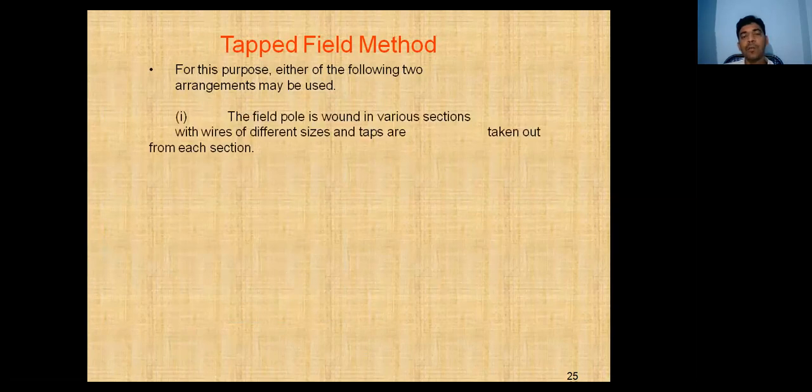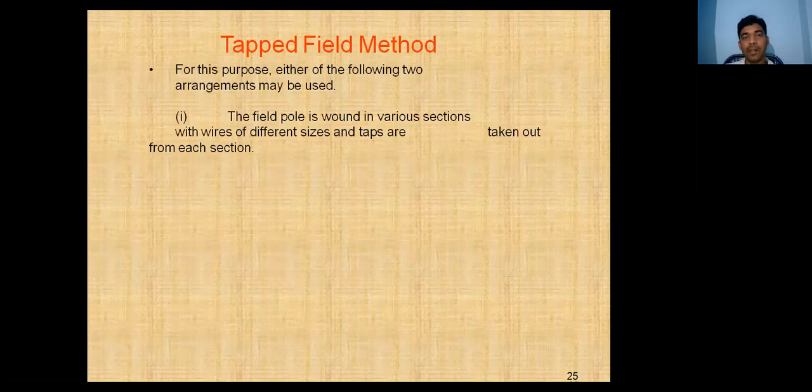The field pole is wound in various sections with wires of different sizes and taps are taken out from each section.